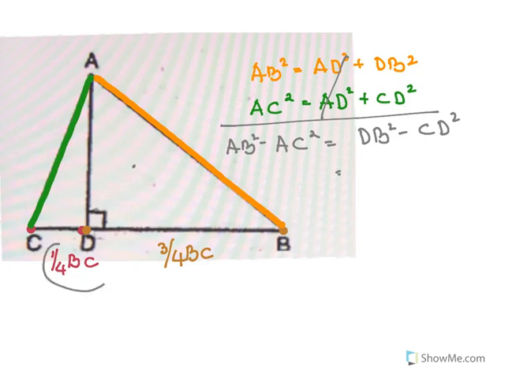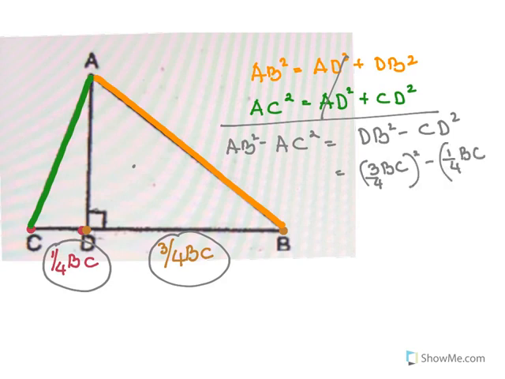Then you added these values. For CD you added this value, for DB you added this value. So here you did 3 by 4 BC the whole square minus 1 by 4 BC the whole square. And you work this out. And on working this out, you got AB square minus AC square equal to BC square by 2. And you cross multiplied and got your answer.